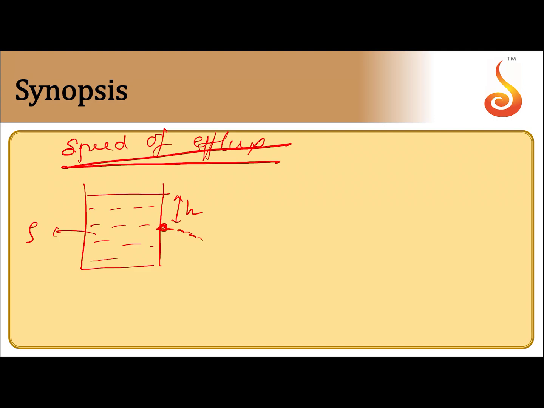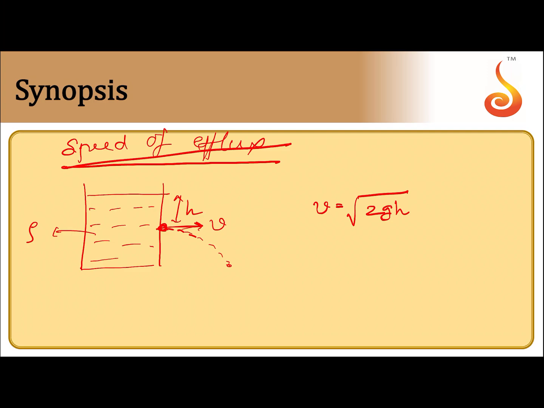Then the liquid oozes out, it comes out, and the speed with which it comes out is called as speed of efflux. And the speed of efflux is given by square root of 2gh.